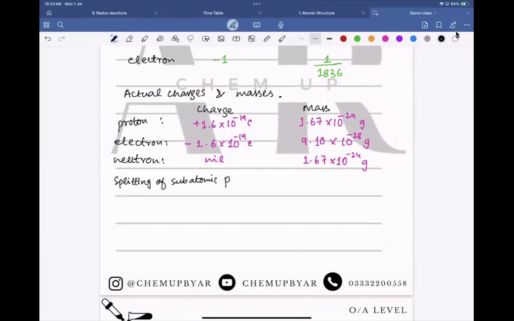If you have any issue, you can ask, otherwise we will move to the shapes, okay? Okay, sir.